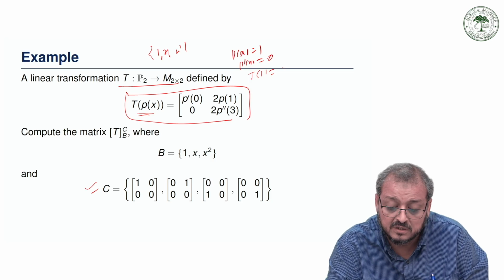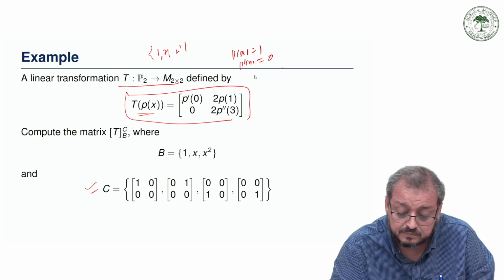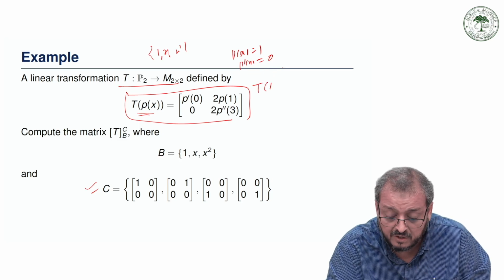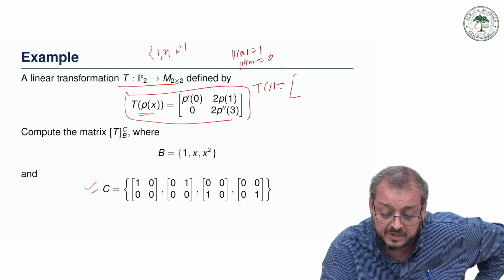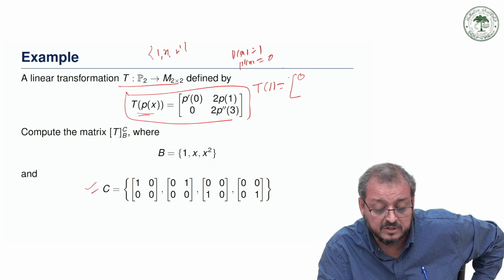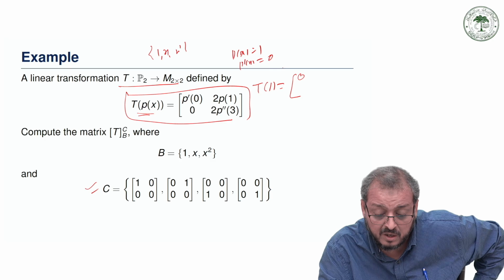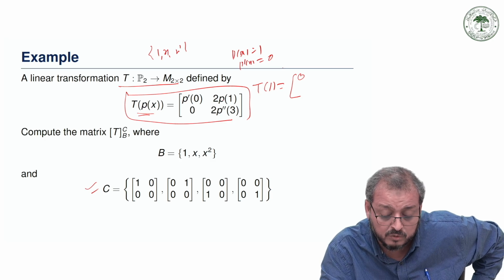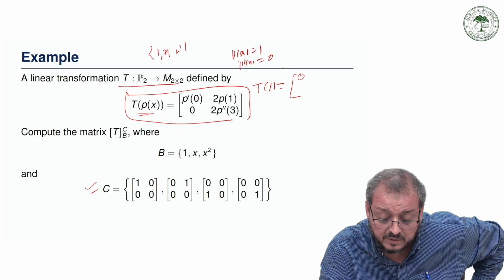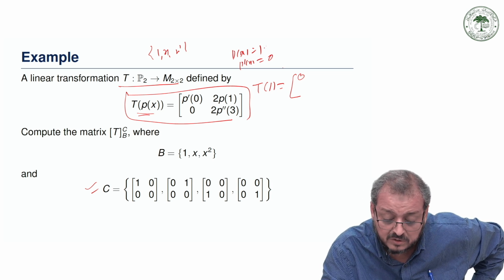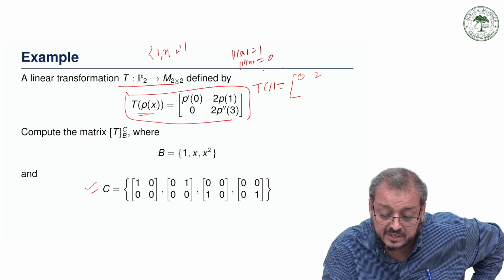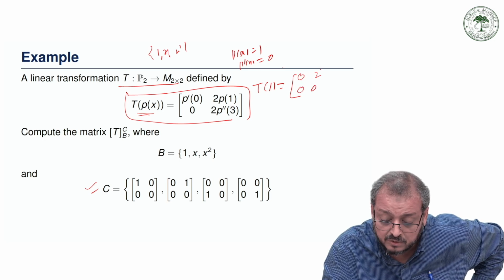So T of 1 corresponds to a matrix of the form with this derivative equal to 0, then 2 times P of 1. We take P(x) equal to 1, so P(1) is also 1. So this is equal to 2, and the second derivative is 0. So this is equal to 0 and 0.